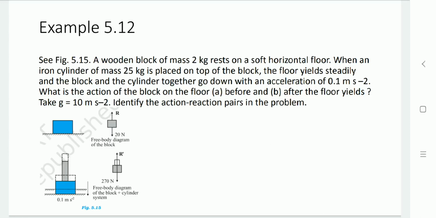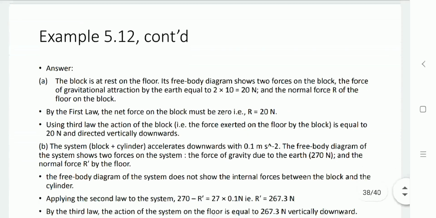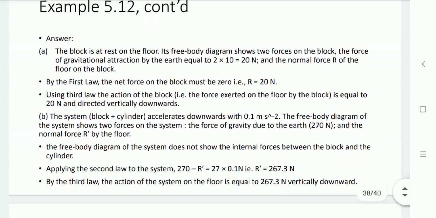So the total equivalent force applied onto the object, that is F minus F dash, equals ma. So F is 270 Newton minus F dash, which is R dash, equals m, the total mass of both objects, 27, times the acceleration a, which is 0.1 meter per second square.